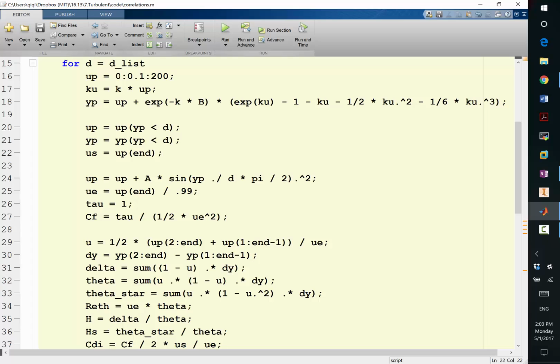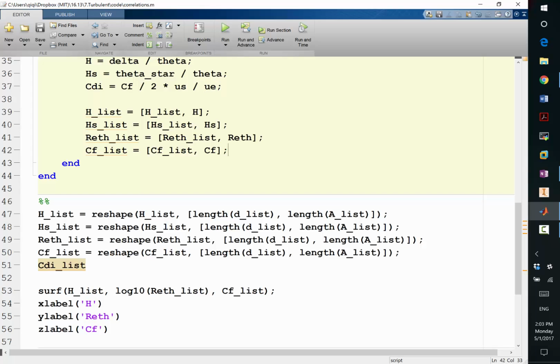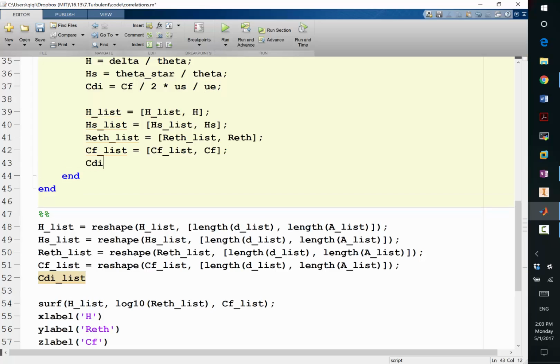And then my UE is now this. All right, so that enables me to compute a CDI list, CDI. So that's the part of the CD that lives inside.